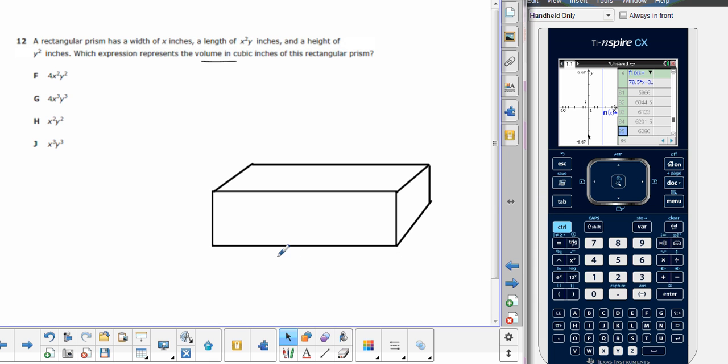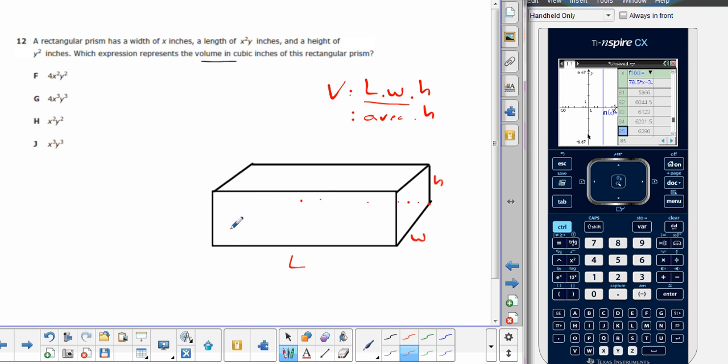Okay, so this is your length, width, and height. The only thing we have to know is the volume: length times width times height. In some cases, the volume is area times height. And of course, we know the area of the base is length times width.